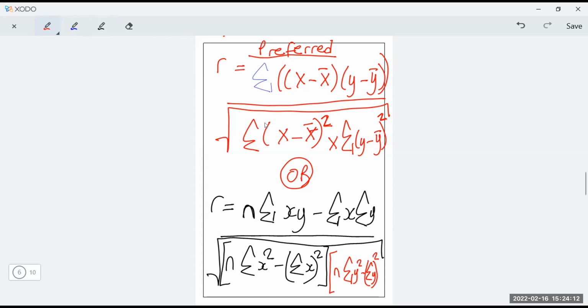This one is on the formula sheet because they're expecting us to use this one, but I don't like to use it.